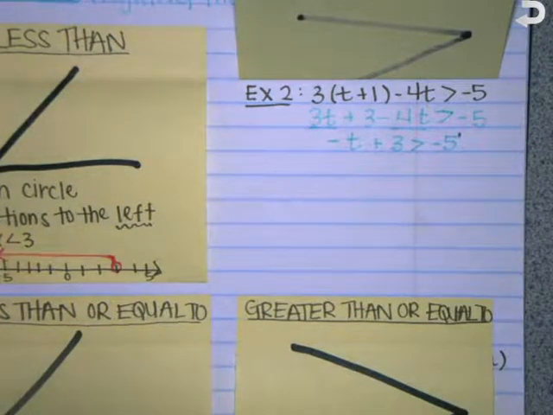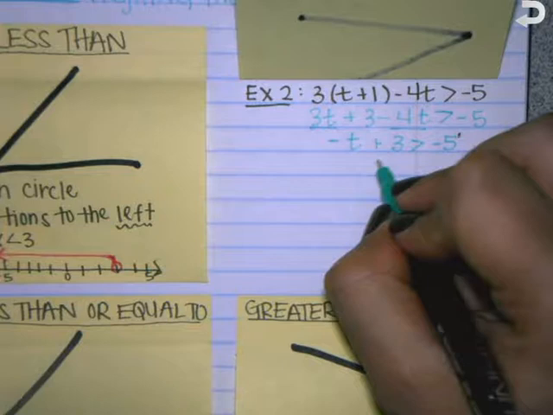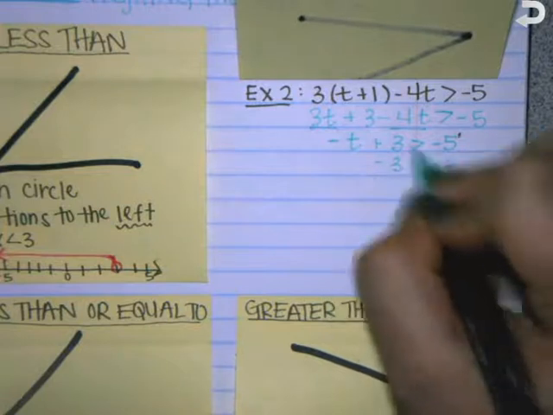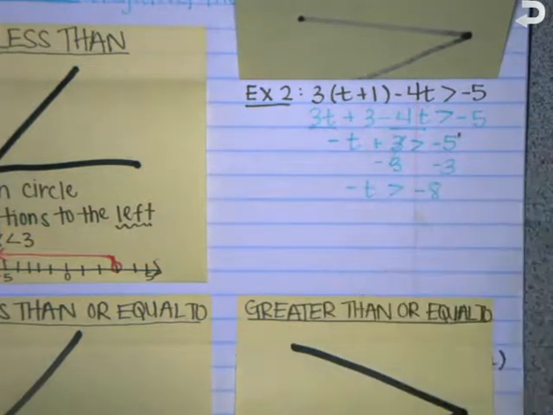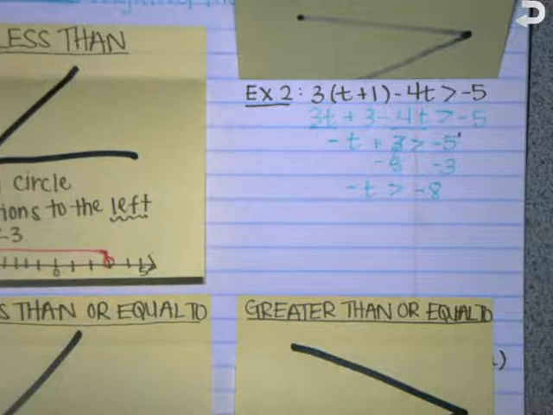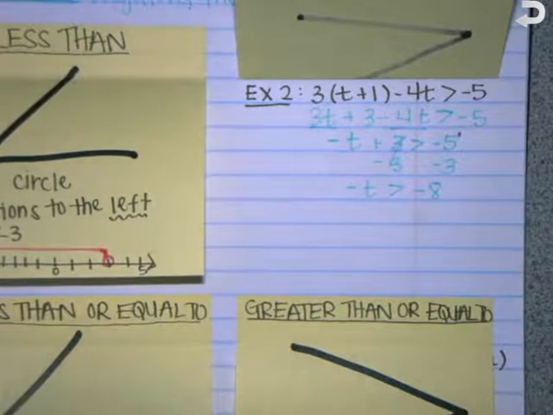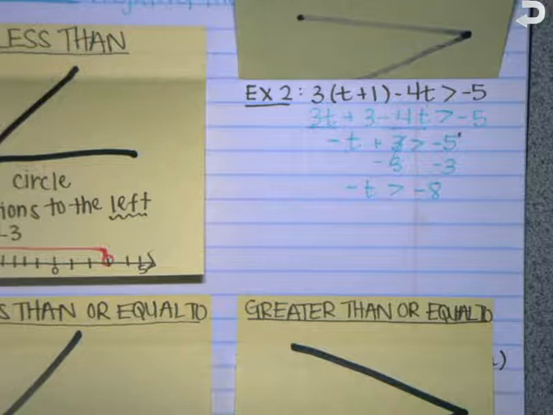And then what would I do? Subtract 3. Yep, subtract 3. Okay, so that's negative t greater than negative 8. On your homework, a couple lessons ago, when we were solving for our variables, I got a lot of you that gave me like negative x equals negative 3.